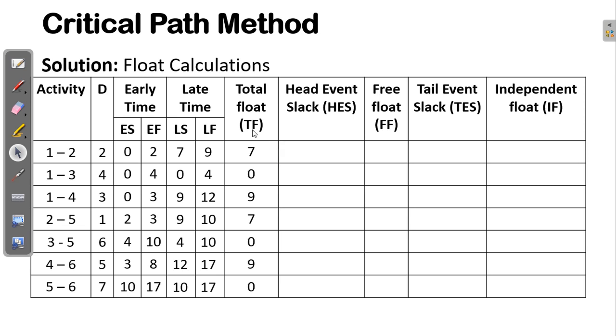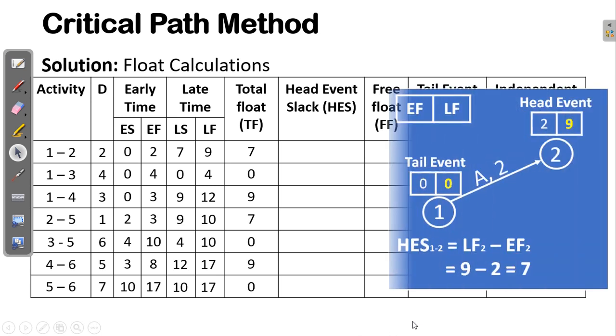Now we need information for these two other kinds of floats. We have free float and independent float, but in order to compute these, you need two pieces of information: the head event slack and the tail event slack. How can we get the head event slack? Let's go and check again. Remember, we have this structure here as a network activity for activity A, with node 1 and node 2.